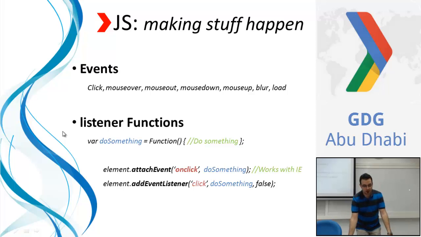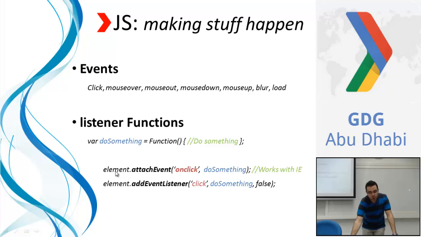For instance, you have the function doSomething, which is a variable, and it will do something, but you want to do this function when you click on an element. So simply you can choose whatever element you want, like here, this element. Let's say this element is a div or a button or whatever.